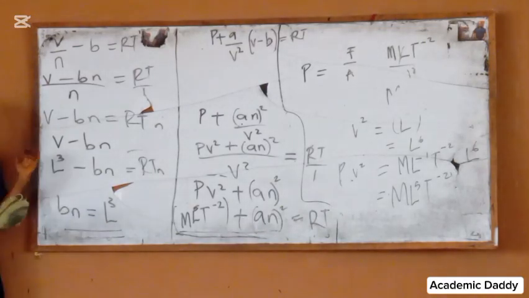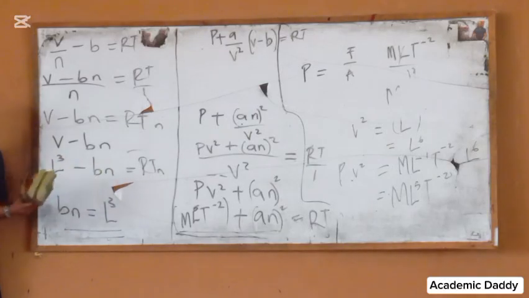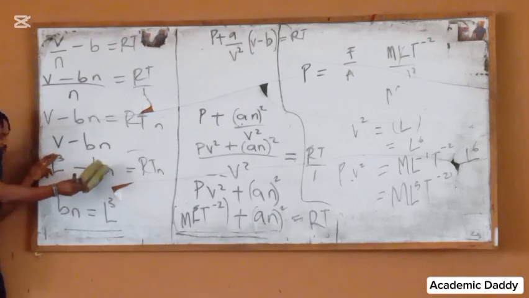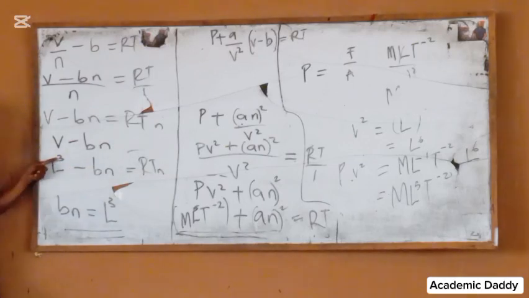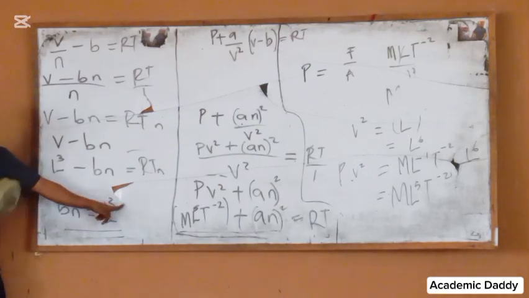No. What I'll simply say is that this b came as a product inside this. So it simply means that inside this volume that I know, there is bn, a product of this b and n that is inside this. So for the fact that they are being subtracted, what I'm checking is, are they the same? So I'm not going to be doing L3 over n. Rather, bn is equal to L3, is equal to volume.